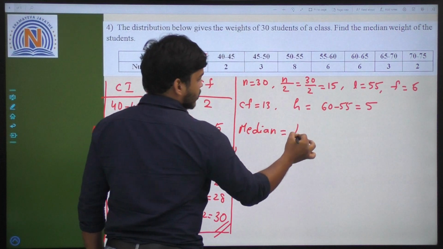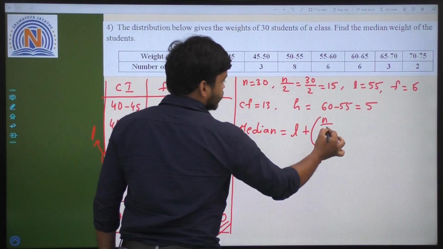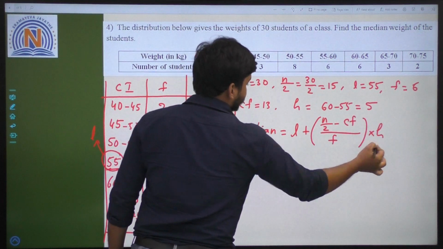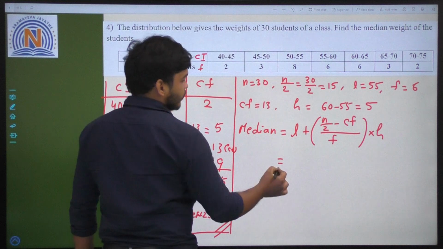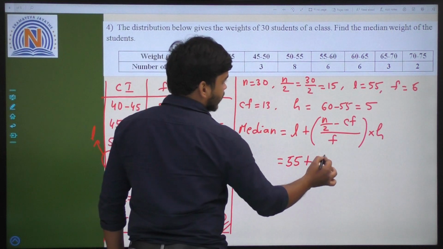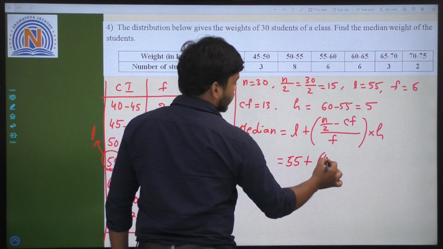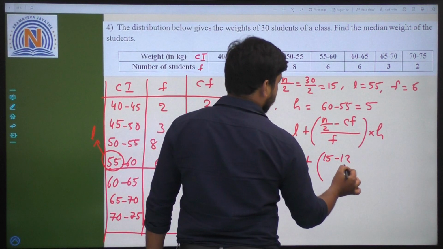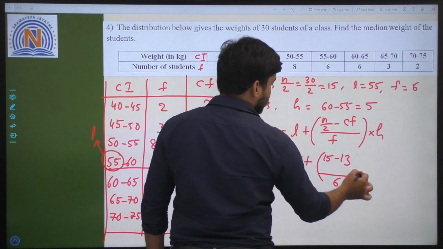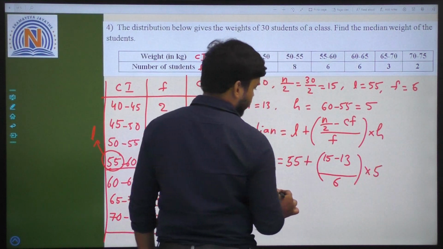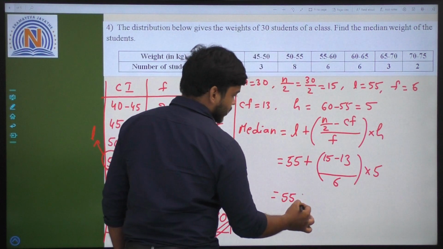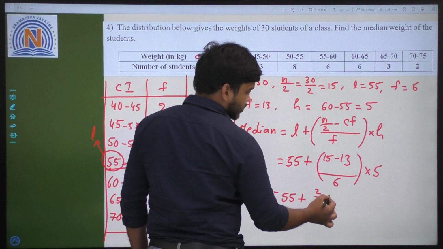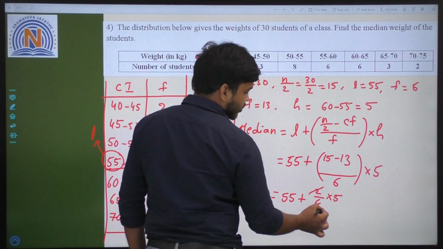Median is equal to L plus (n by 2 minus CF) by F into H. So L value is 55 plus n by 2 is 15 minus CF is 13, by F is 6, into H is 5.